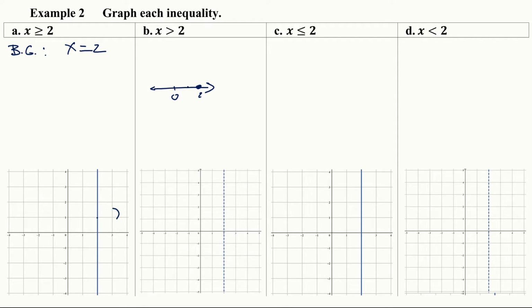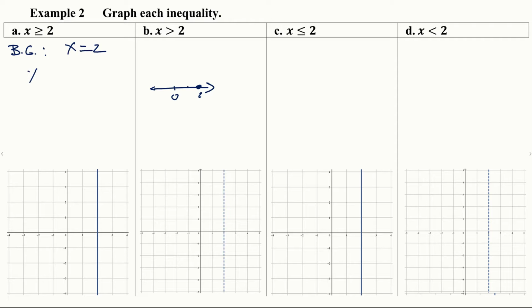All right, so with these vertical lines, this is the only time you really can't talk about above or below, right? So here we're looking for points in the plane whose x value is going to be greater than 2. So think about it. That's going to mean what? To the right of, right?